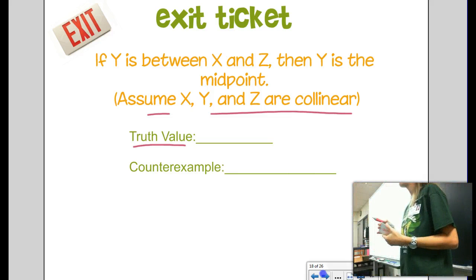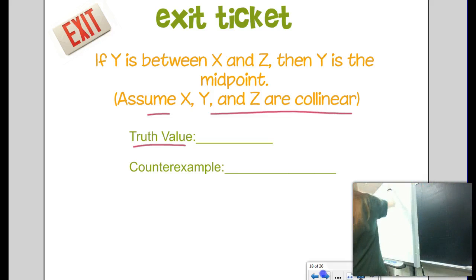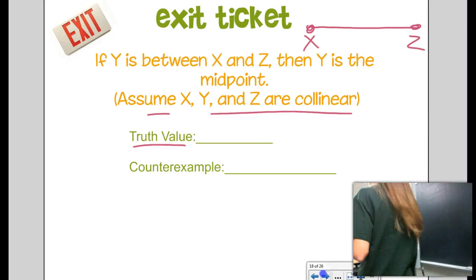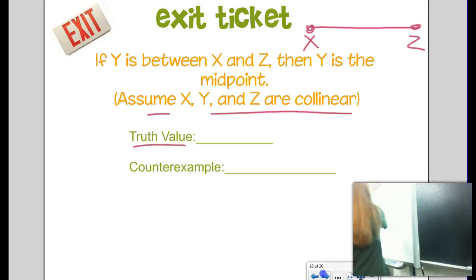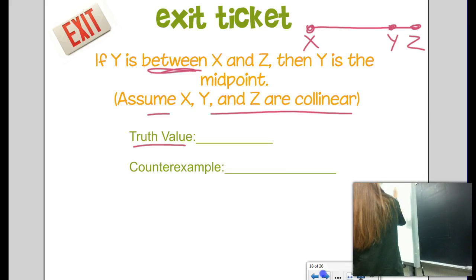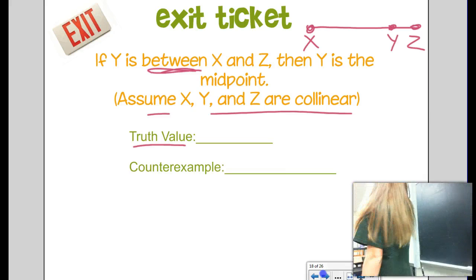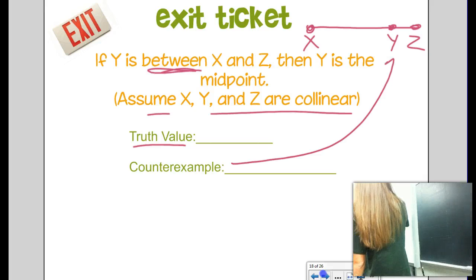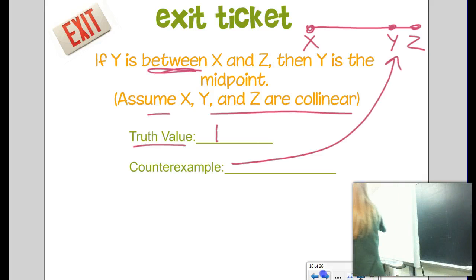What do you think? So I'm going to put y between x, here's z. It's false. I could put it right there, couldn't I? Is y between x and z? Yes. Is it a midpoint? No. So that's your counterexample, that picture right there. The answer is false.